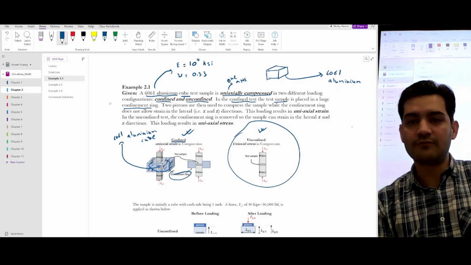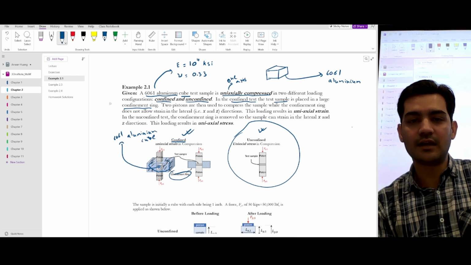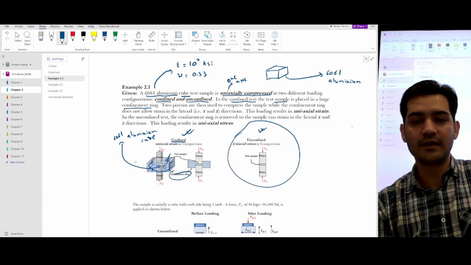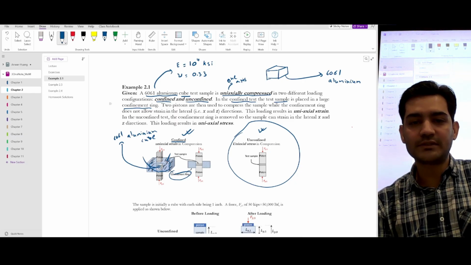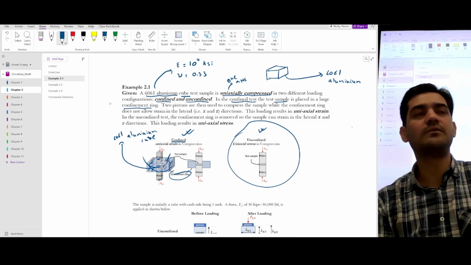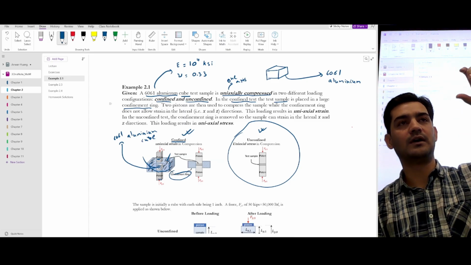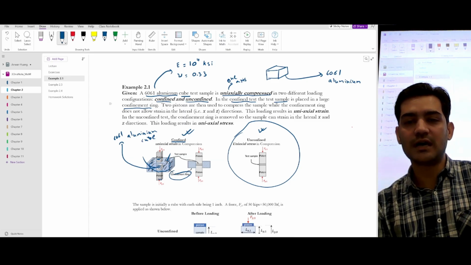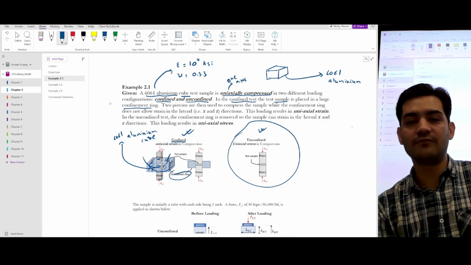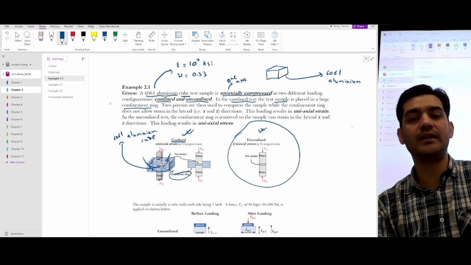So in a confined test, the test sample is placed in a large confinement ring. This is confinement ring. This is a test sample. Two pistons. This is one piston. This is another piston. So piston basically will help apply force. So two pistons are then used to compress the sample while confinement ring does not allow the strain in the lateral direction.